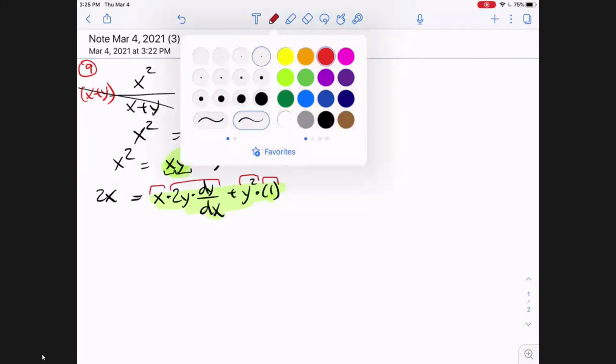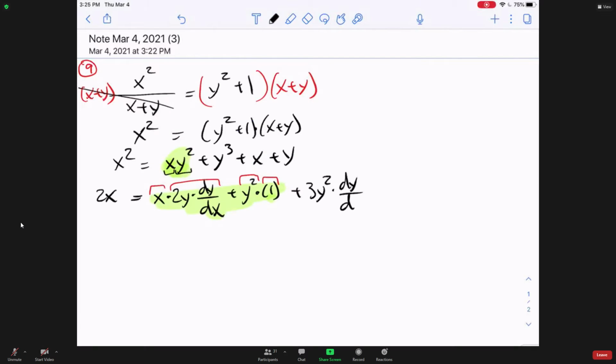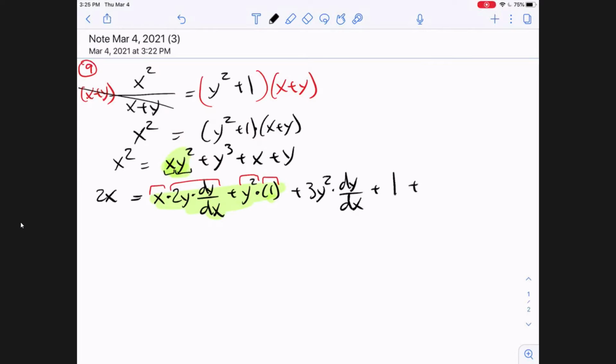All right, from here it should be pretty smooth. Plus the derivative of y to the third is 3y squared times dy over dx. Plus the derivative of x is just 1, plus the derivative of y, which is dy over dx.